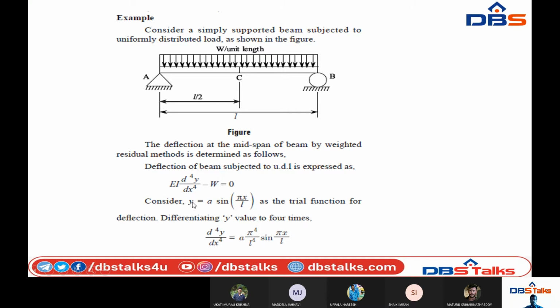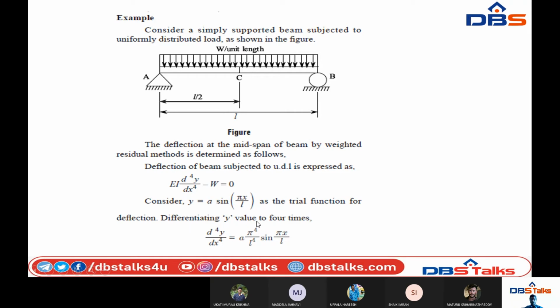I am taking a trigonometric series, y equal to a sin pi x by L, as the trial function. Pi is the potential, x is the parameter, and L is the total length. We already know that y of x equals f of x, or y of x is a trial function taken as a weighting function.